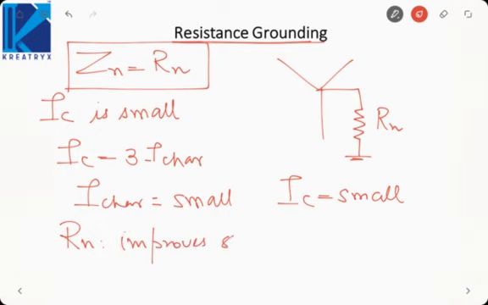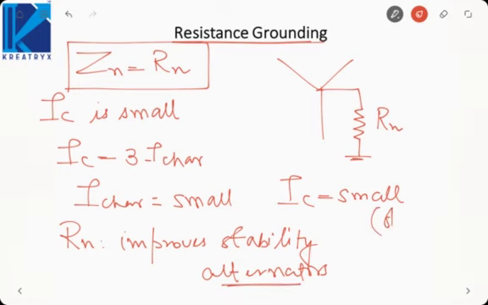And in the case of synchronous generators, which are mostly used in our power plants, stability is one of the most important criteria. That is why resistance grounding will be mostly used in the case of alternators. It can only be used where the line charging current is small, like the case of a short transmission line, because there we neglect the line charging current.